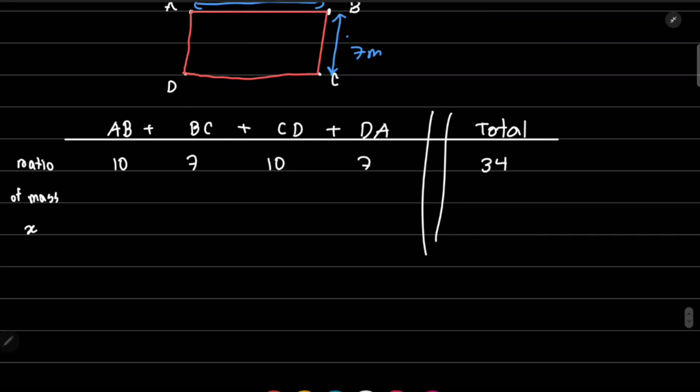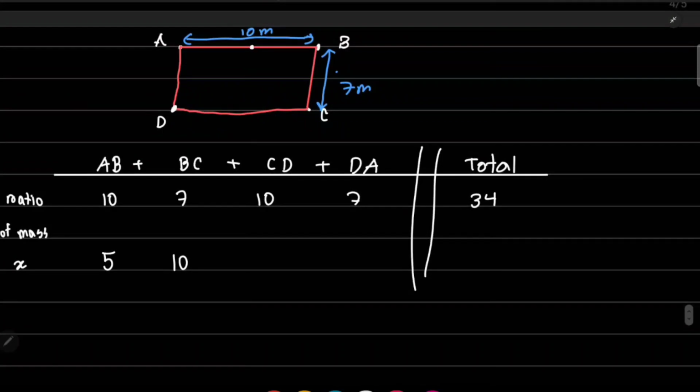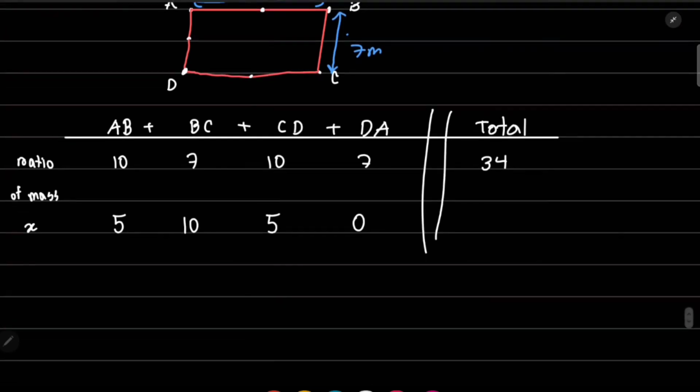Now the x coordinate of the center of mass of AB will be at x equals 5. For BC it will be at x equals 10. I am considering D as the origin. For CD the x coordinate will again be 5, and for AD the x coordinate will be 0.